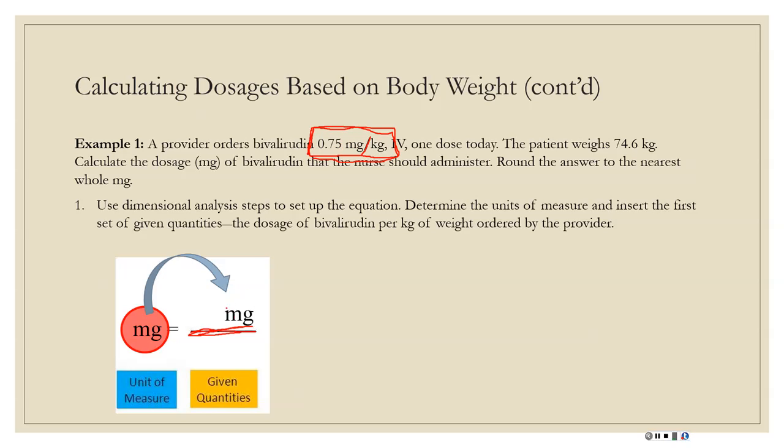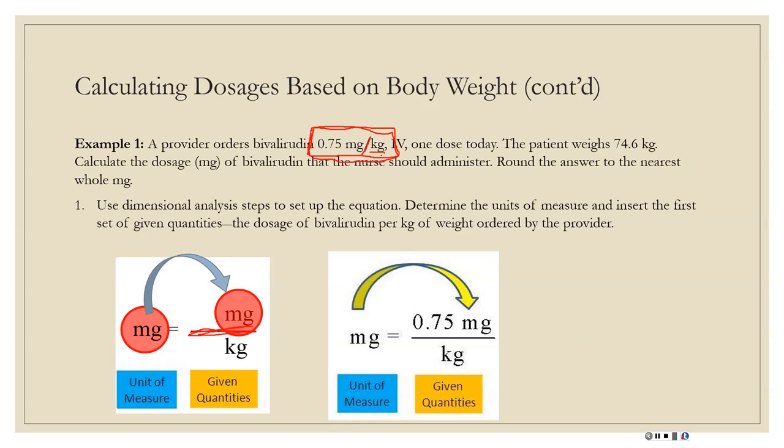So when we look down here, we know that milligrams needs to be on top, and we see that milligrams is married to kilograms up here in our healthcare provider's order. So milligrams is on top, and then that means kilograms needs to go on the bottom. Next, we're going to just go ahead and enter that data from the problem. So 0.75 milligrams over that kilogram.